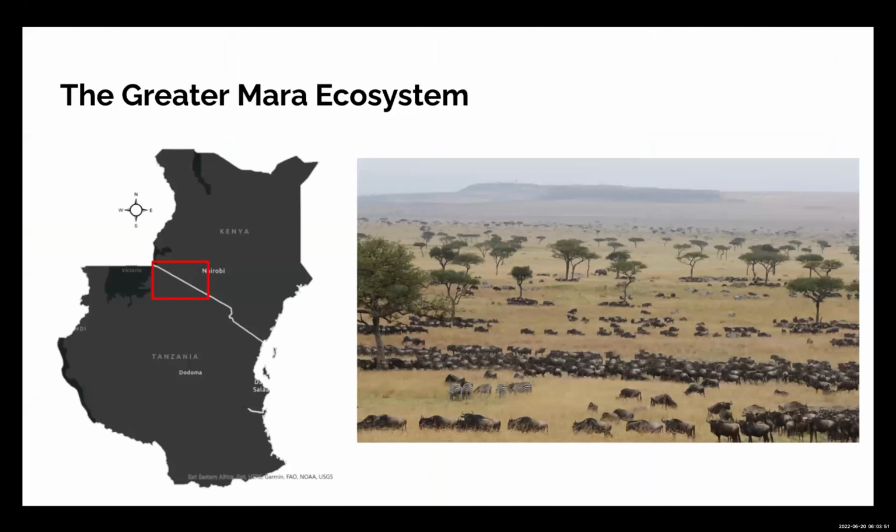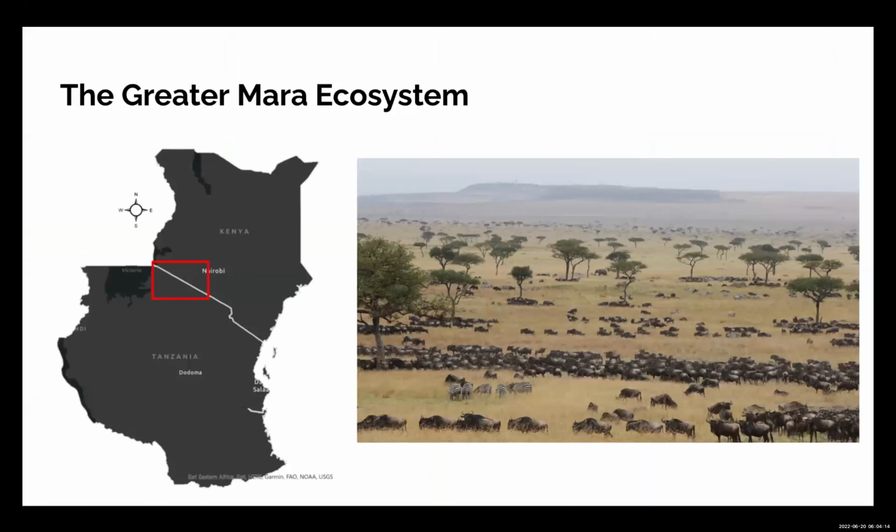I'm sure some of you know where the Mara is, but in case you don't, it's this transnational region between southern Kenya and northern Tanzania that encompasses the Mara Triangle, Mara North Conservancy, Lemek, a bunch of different local conservancies on the Kenyan side, as well as Serengeti National Park on the Tanzanian side. It's very famous for being the location of what's termed the Great Migration.